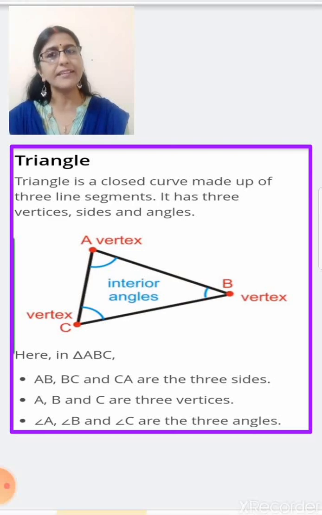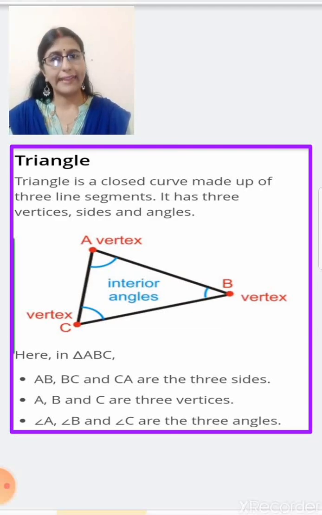You have learned this last year. And angle B can be named as angle ABC or angle CBA. Angle C can be named as angle ACB or angle BCA. So this way we can name an angle by 3 letters also or by 1 letter also.